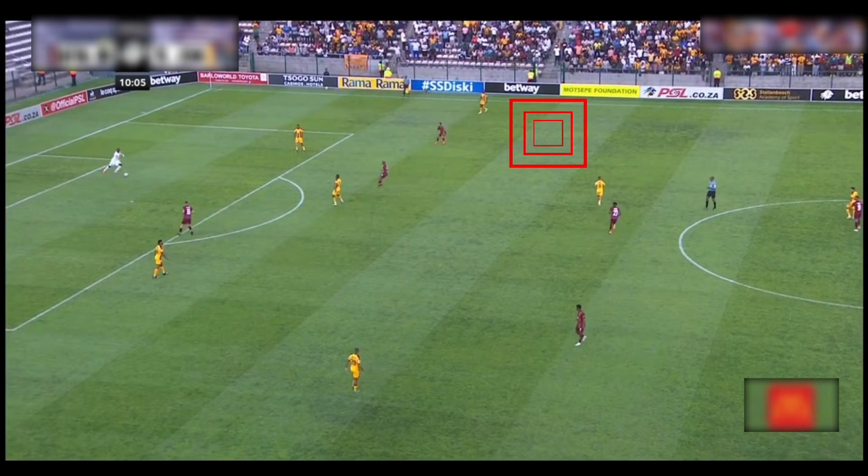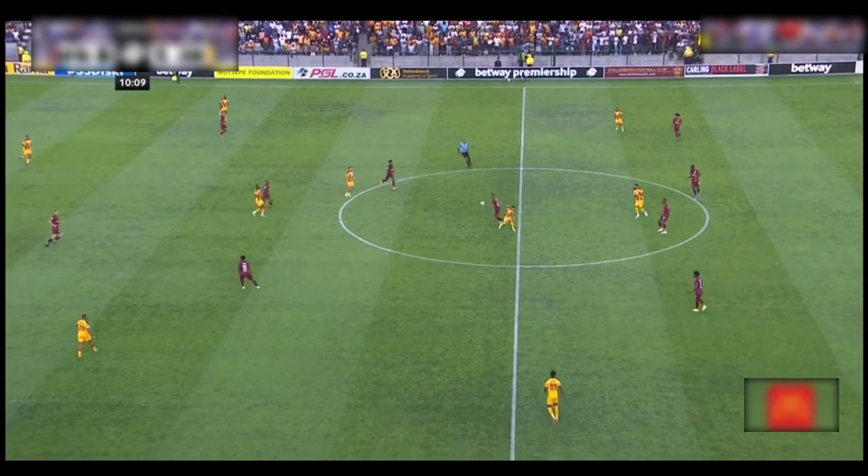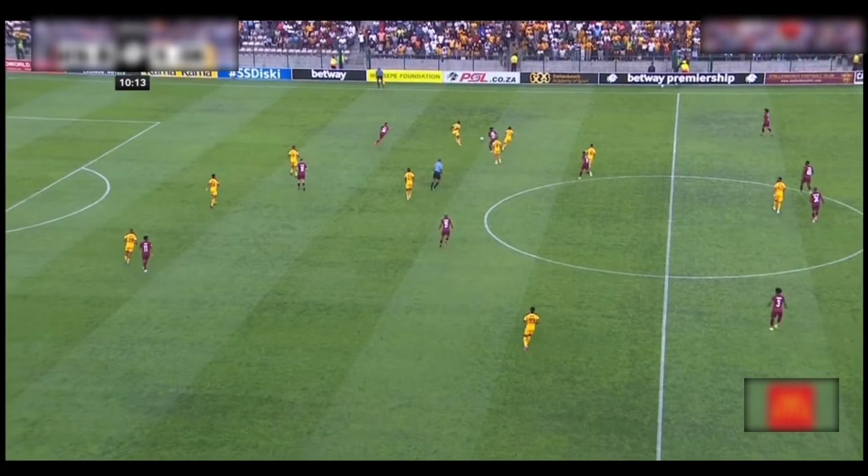You see that Mart and Ditlokwe have that space, so the ball could easily get chipped to them, because one could argue Tsele is marked. So chip the ball over there where there is Ditlokwe and Mart, but no, the keeper decides to go direct. And not even to Morris. He goes direct and the ball goes to Serino, who is not very great aerially. They win the ball back, and now all of a sudden they are marking us.